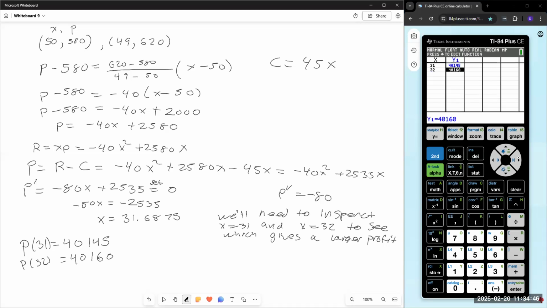So 32 is better than 31. So 32 wins. So profit is maximized when 32 units are occupied.